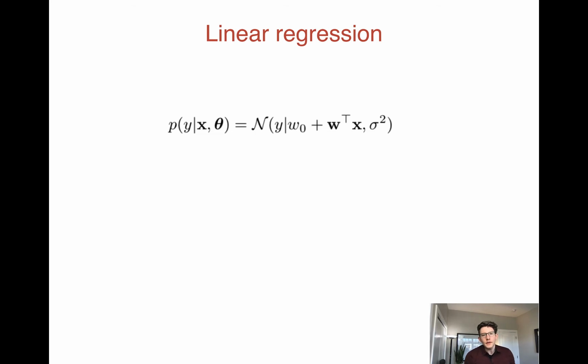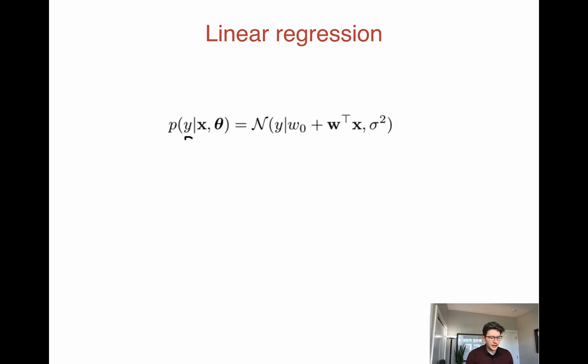So let's start with a standard linear regression problem. We're going to pose it like this. We're going to imagine that our distribution for our observed or our label y is going to be like this. Notice that y here is a single continuous value.